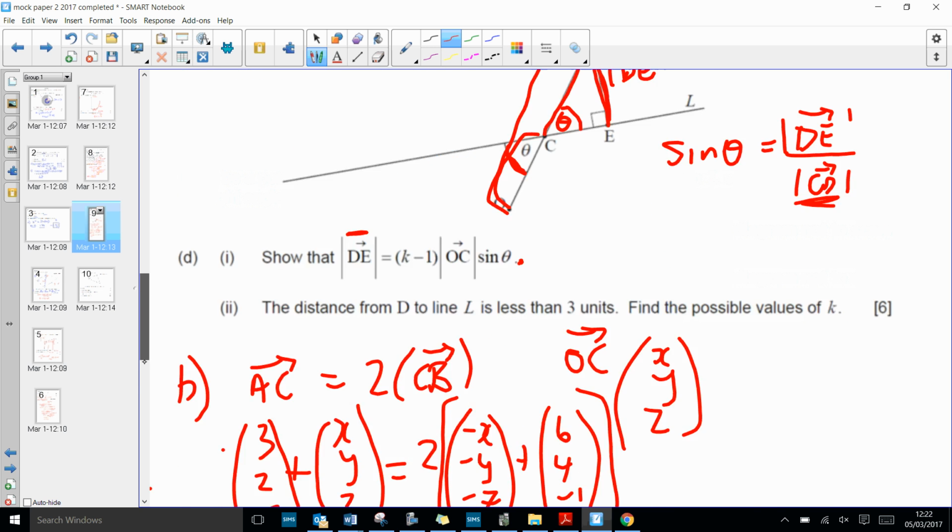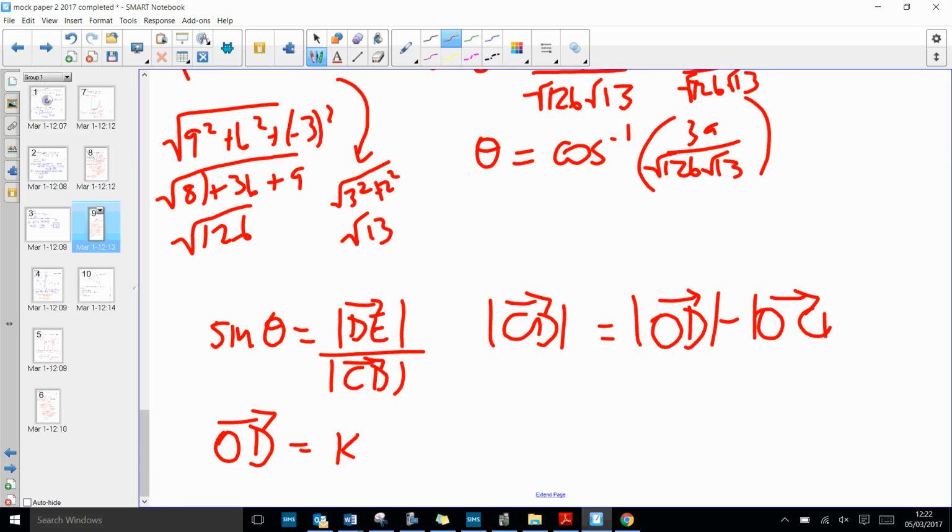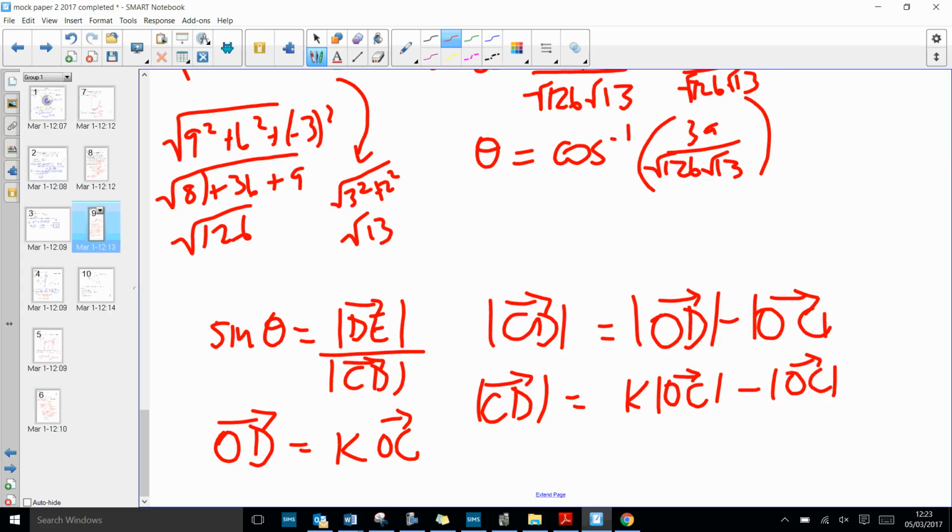So O to D is K OC. So we would write CD is K OC minus OC. So C to D would be K minus 1 OC. Great, all I've done is factorize because I've got OC common here and here. So I brought out common factor of OC, which gives us K minus 1.